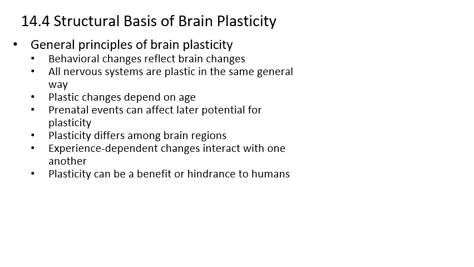Experience-dependent changes interact with one another, so changes in one area of the brain may be different depending on what's happening in another area of the brain. And finally, plasticity can be a benefit or a hindrance to humans. We can learn bad behaviors, and it can be hard to change those learned bad behaviors.